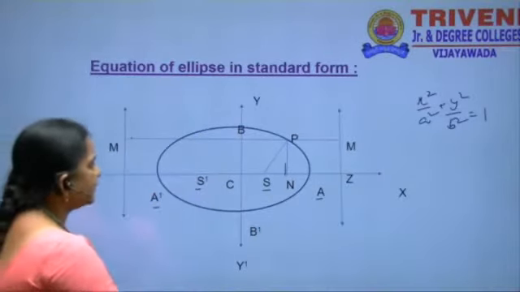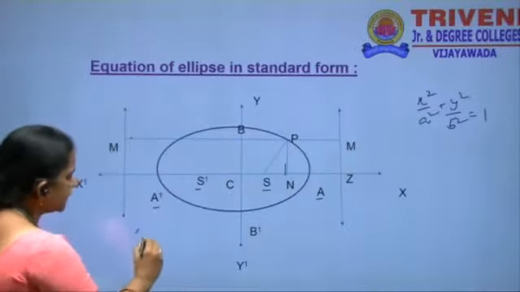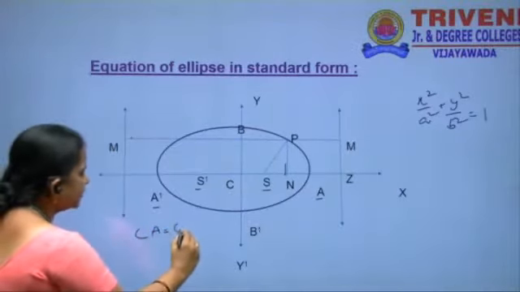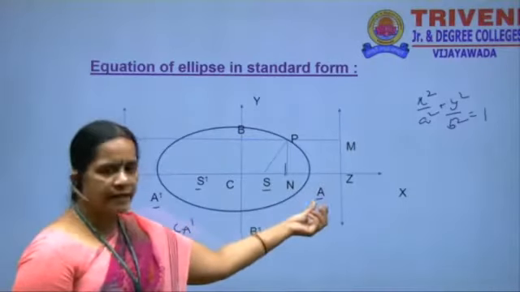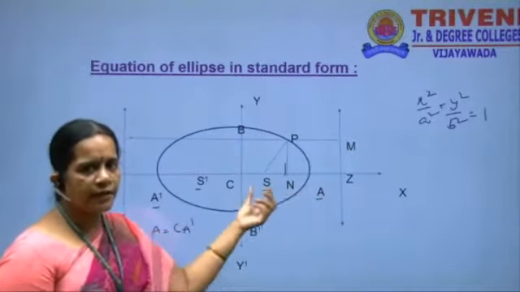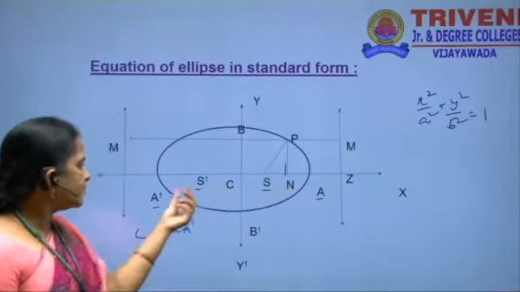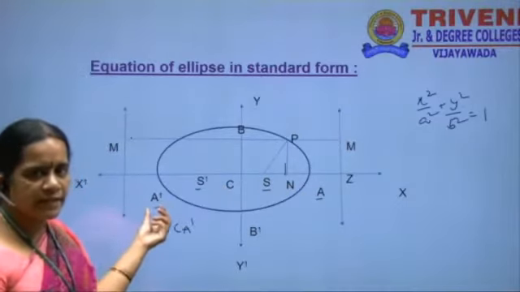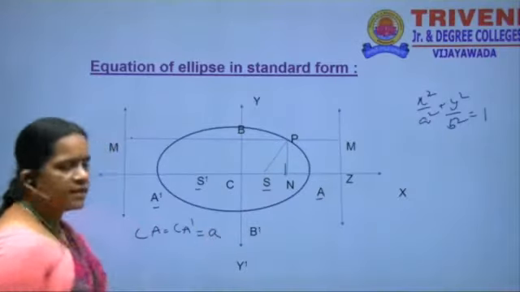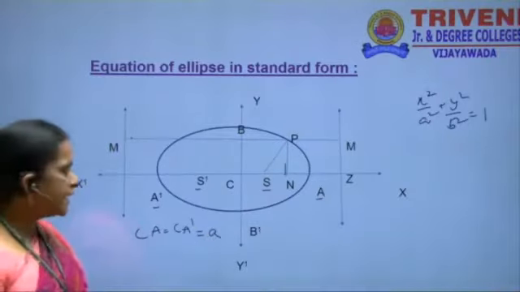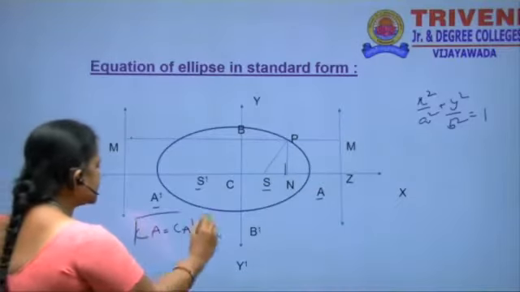The distance CA is equal to the distance CA dash, that is, the distance from the center to each vertex is equal. This can be taken as CA equal to CA dash equal to a.